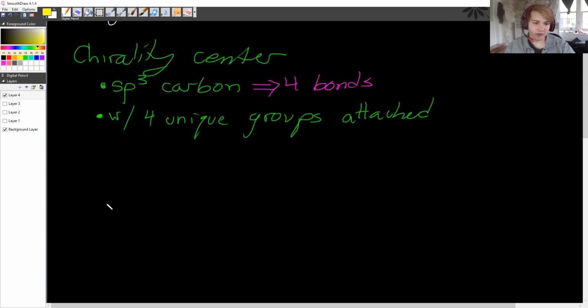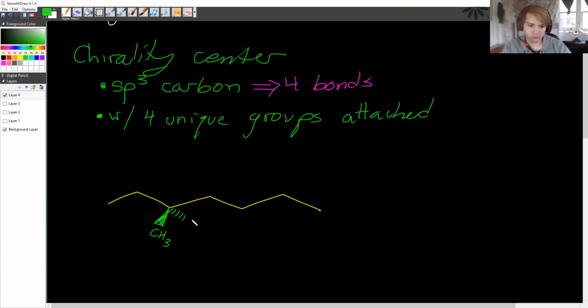So if we look at this molecule, what we can see is that this carbon here is an sp3 hybridized carbon, and does it have 4 unique groups?